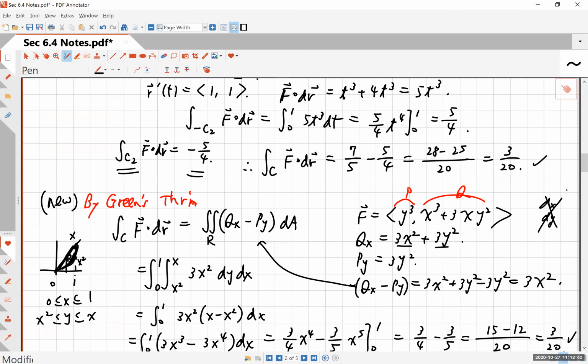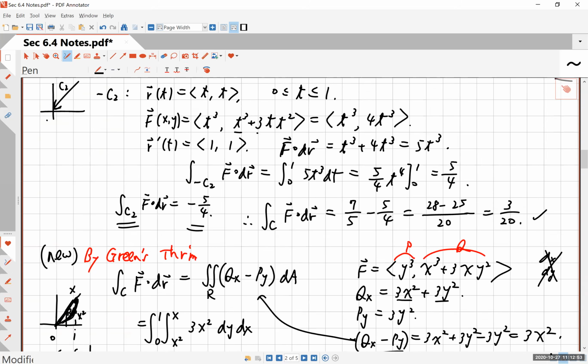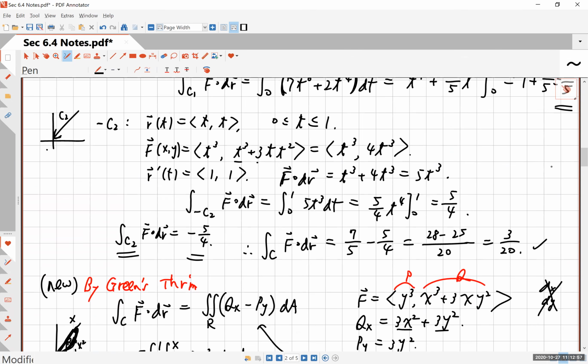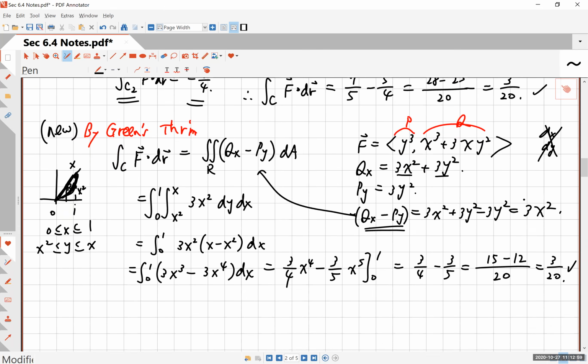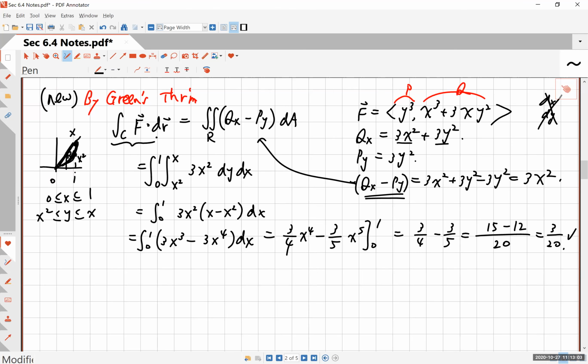So the advantage of Green's theorem is, of course, it depends on what Qx minus Py is, but many times this is simple. And if that's a simple integrand, you can do this much quicker than in the old-fashioned way.